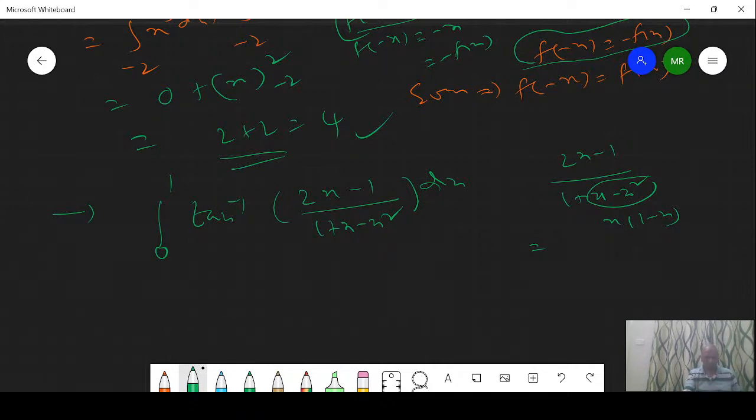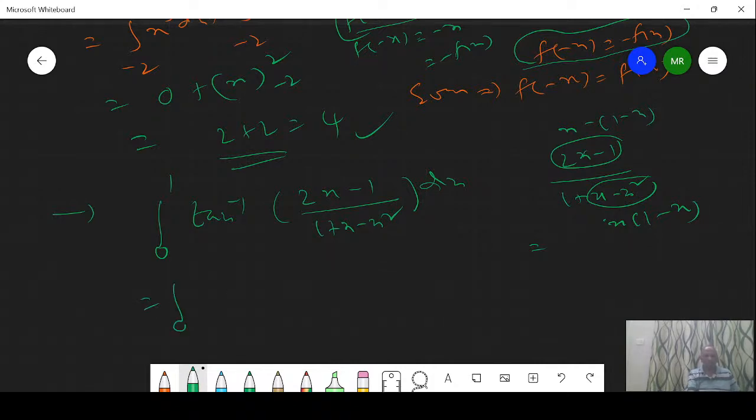I have written like this, right? What about the numerator? Can I write the difference of x and 1 minus x? Check that: I have written x into 1 minus x. The difference of these two gives 2x minus 1.